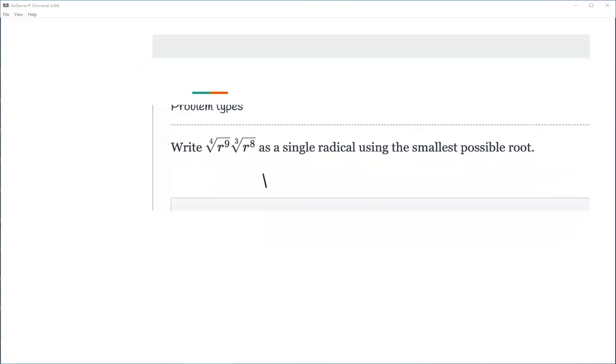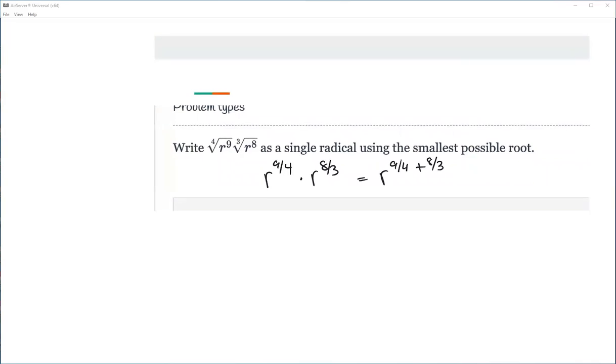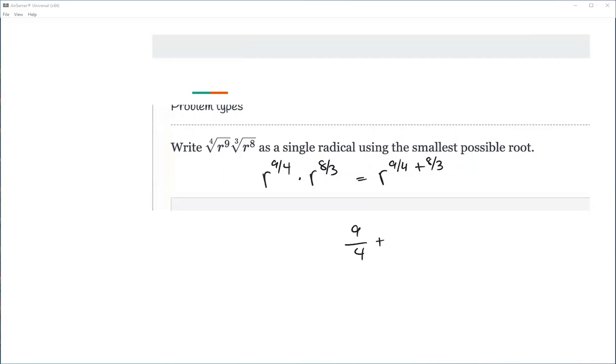It'll be r to the 9/4 power times r to the 8/3. This equals r to the 9/4 plus 8/3. 9/4 plus 8/3 is 12 and 12. So this will be 27. This will be 32, right? 4, yeah. So this will be 59/12.